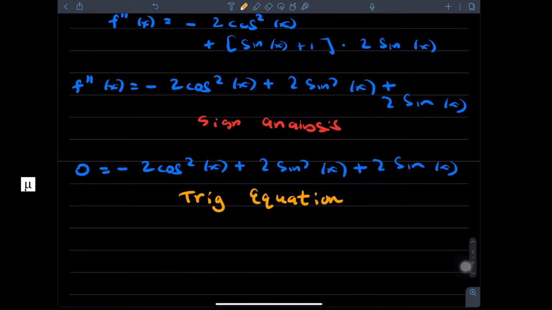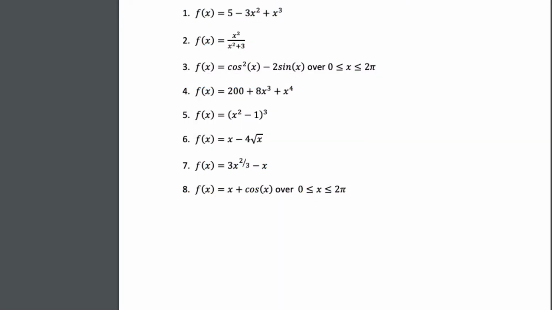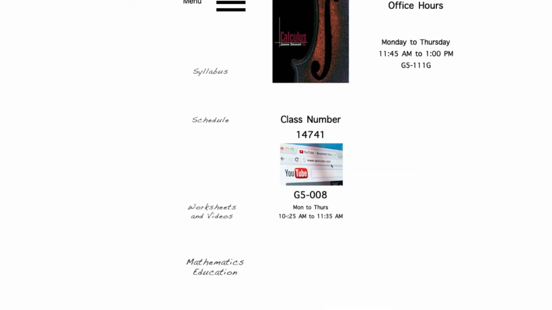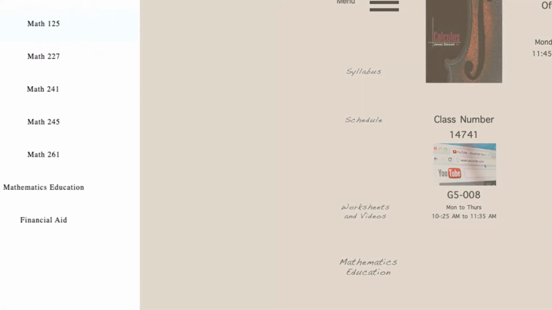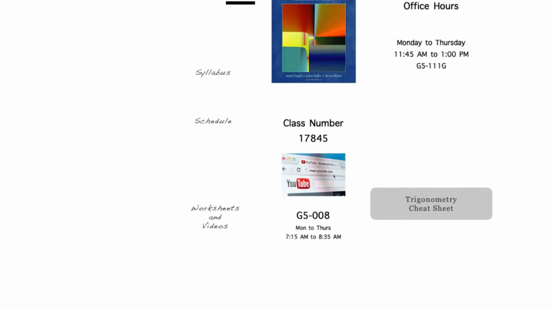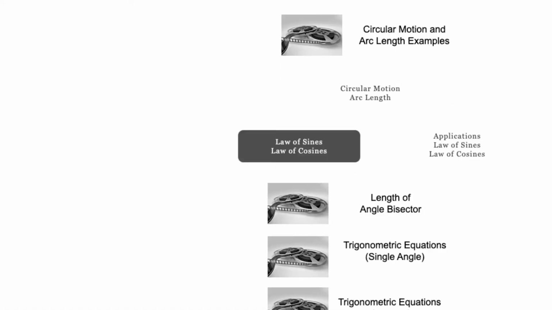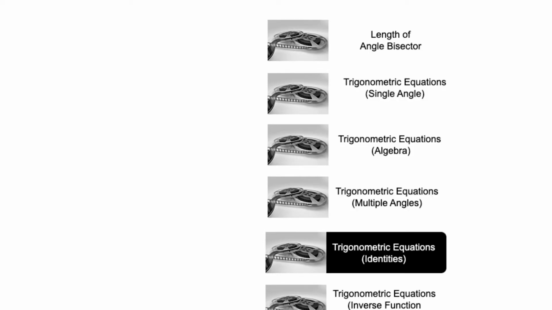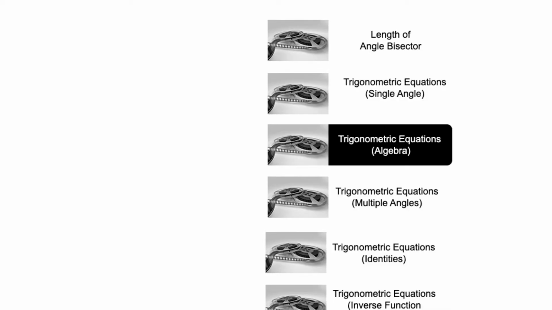So I get to share with you guys again everything I've been sharing. If you go to my trig portion here, see this portion right in here? Trig equations. You guys take a look at that. There's a bunch of videos here for you guys. This one is under the algebra one, algebra and using identities.